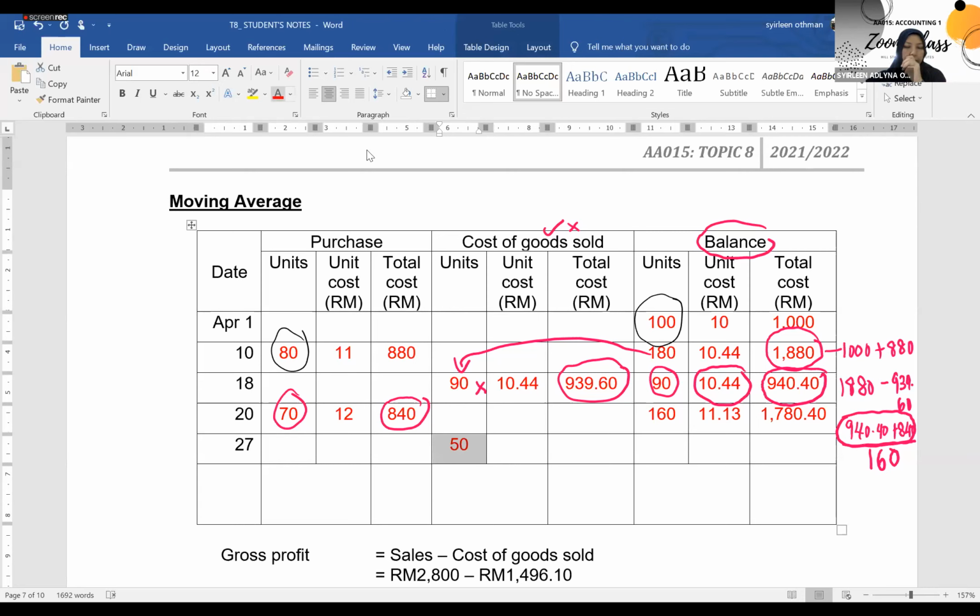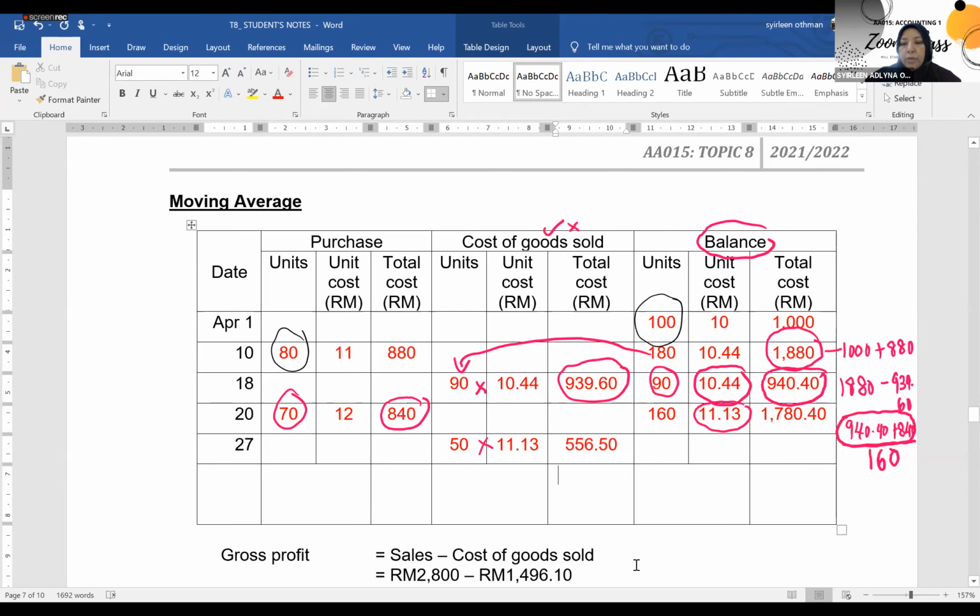Okay, alright, so cost dia akan ambil cost yang barulah, the latest average price, that is RM11.13. Okay, so nilai yang keluar kali ni ialah 50 times RM11.13, so the amount here is 556.50.